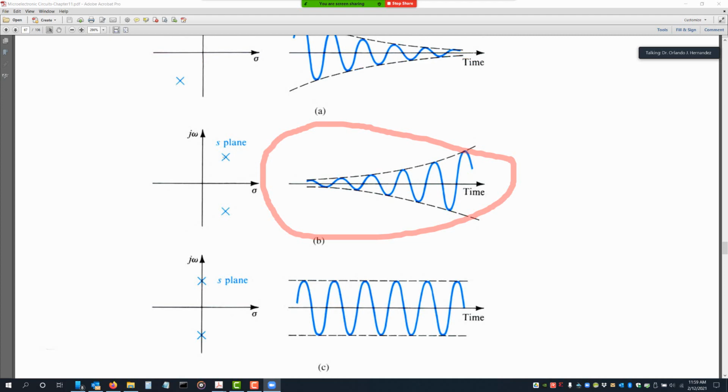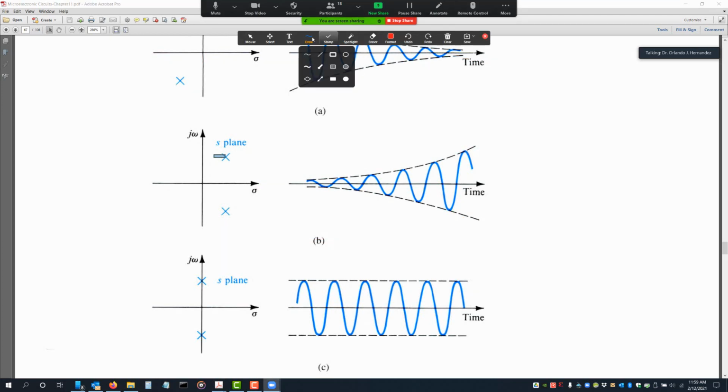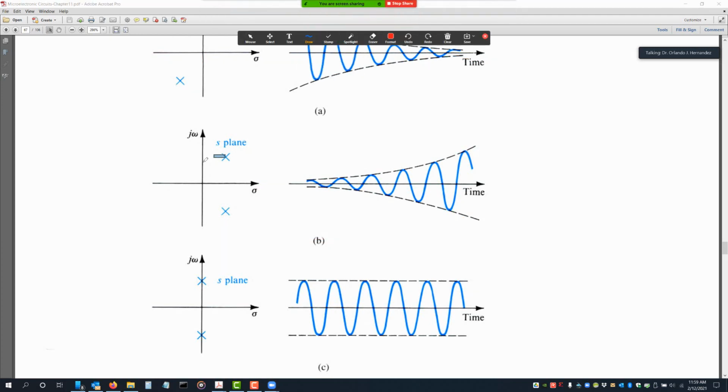You build these nonlinear circuits so that the pole is slightly on the right-hand side, so you slowly build the oscillation, but when the oscillation has built to the point that you're happy with, these poles essentially travel and get parked right here on the axis.